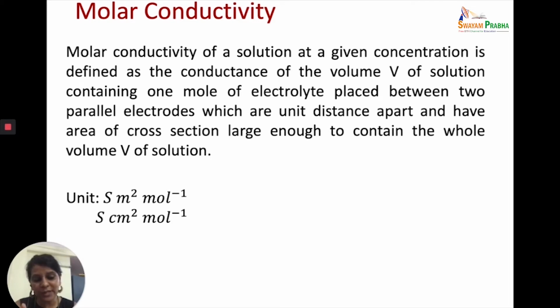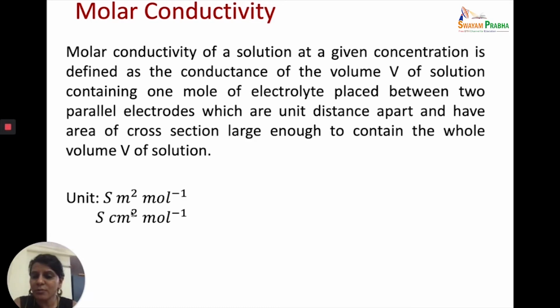So whatever conductance we measure for this solution, which has 1 mole of the electrolyte and is placed between two parallel electrodes which are unit distance apart and have area of cross section equal to V, is called molar conductivity or molar conductance.